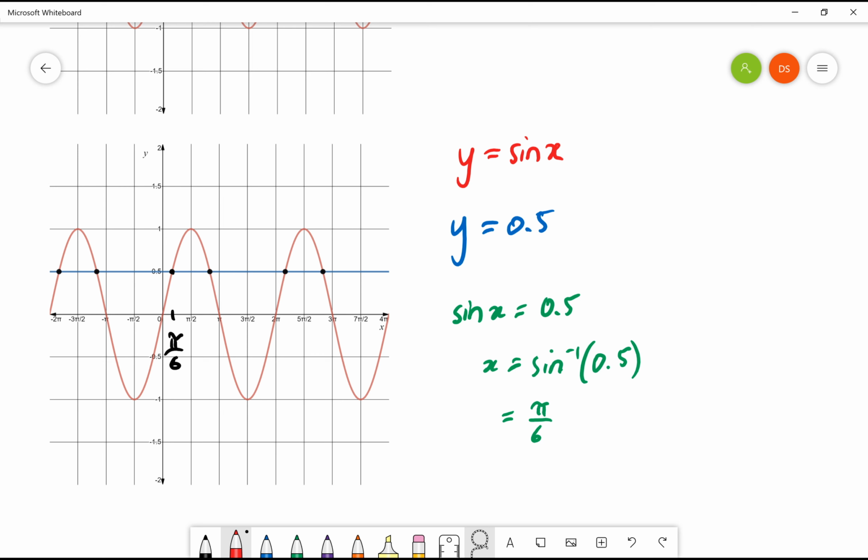So if I add 2 pi to this number, over here, this is pi on 6 plus 2 pi. I can't be bothered simplifying that, but do you notice that that's exactly where that dot turns up? But there's something wrong.